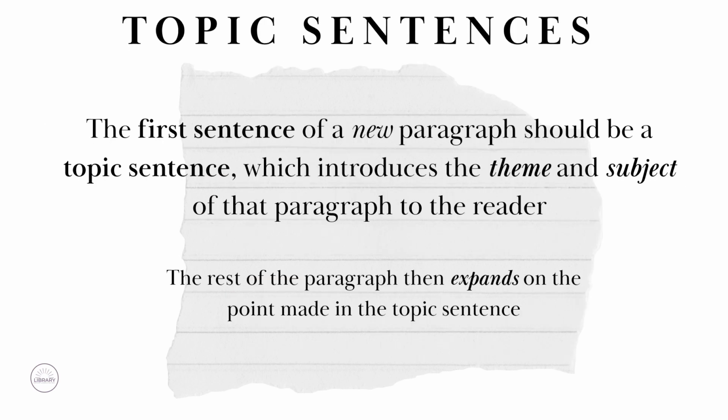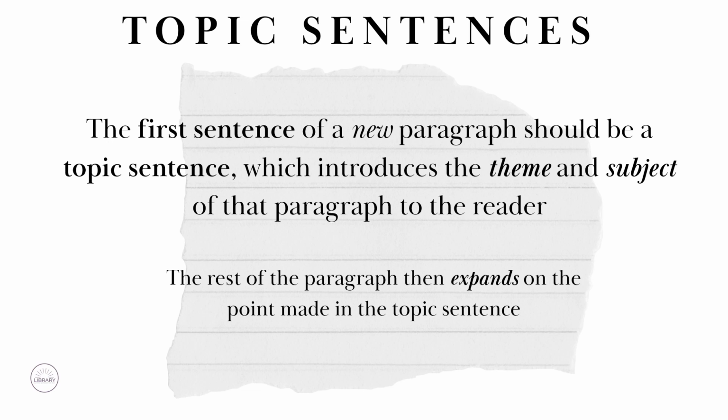The first sentence of a new paragraph is what's called a topic sentence. This is where you introduce the theme and subject of the forthcoming paragraph to the reader. So, for example, your topic sentence might be something like, "Another way to reduce teenage pregnancy rates is improved education."